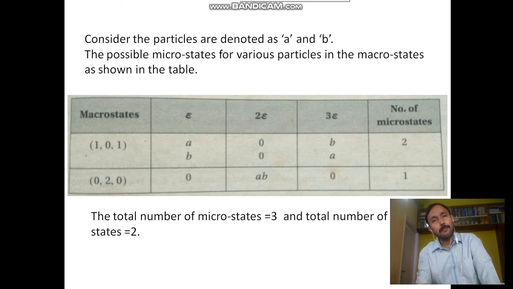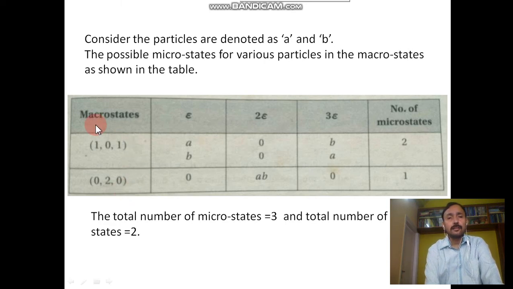Take 101 with two particles A and B. In the epsa energy state we place A, there is none in the middle state, and in the 3 epsa state we place B. Now alter this: B is here, A is there. So there are A0B or B0A, two microstates. So for this macrostate 101, there are two microstates.